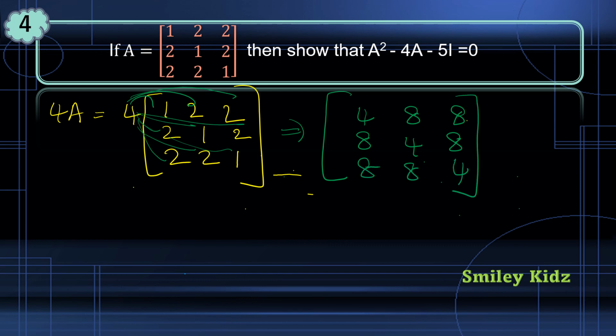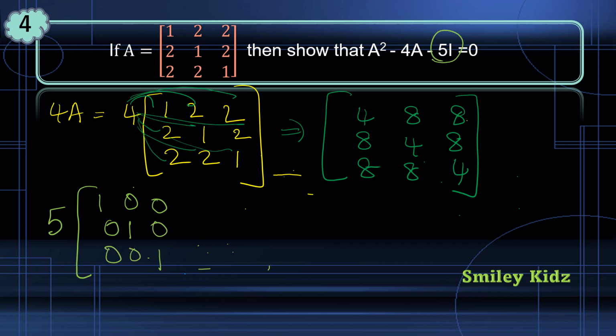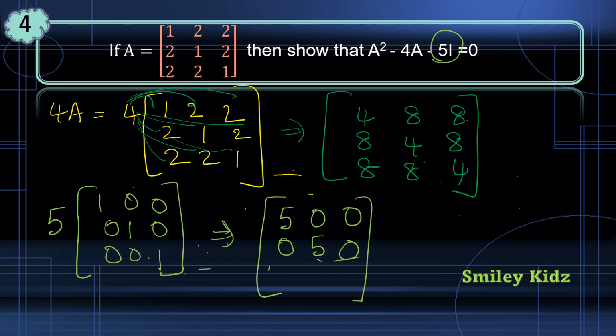Now let's find out 5 into I. That is 5 into the unit matrix, right? What is the unit matrix? The diagonal elements should be 1. The rest of the elements will be 0. So here 5 must be multiplied with every element. What will this be equal to? 5, 0, 0, 0, 5, 0, 0, 0, 5.